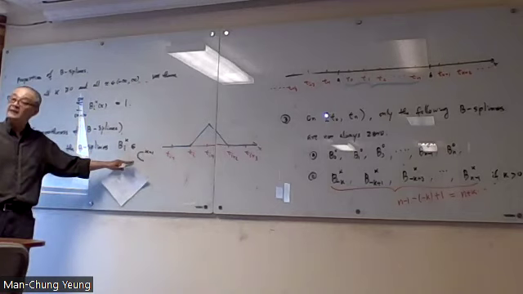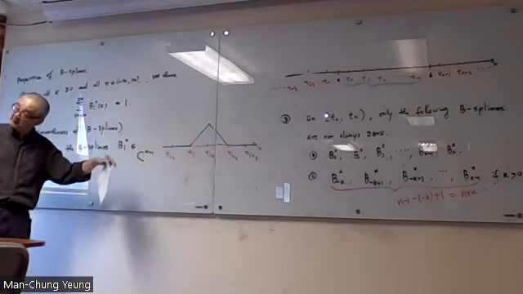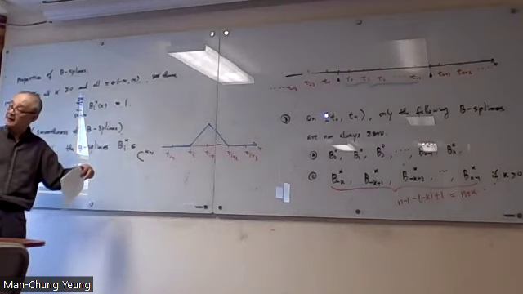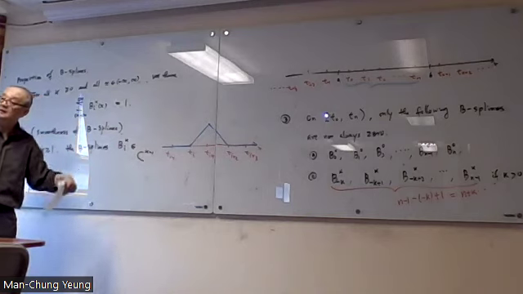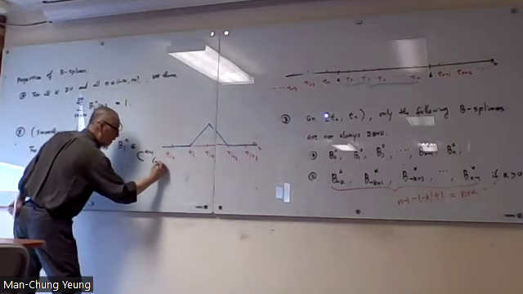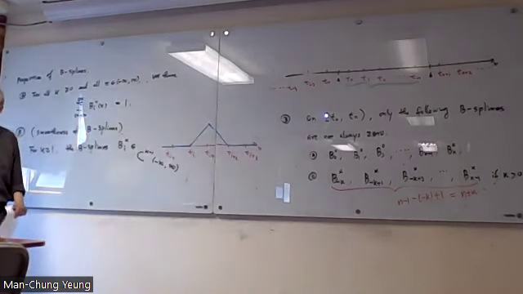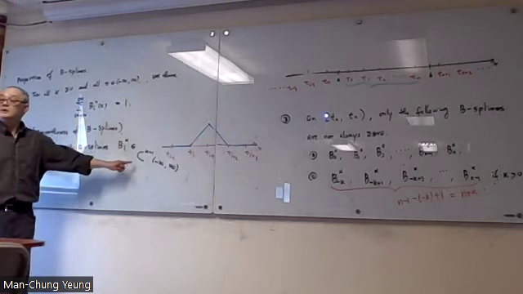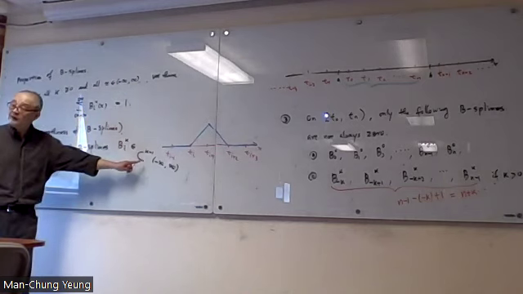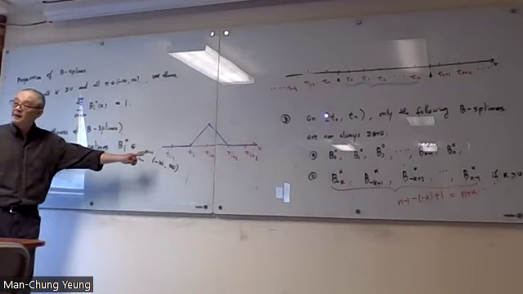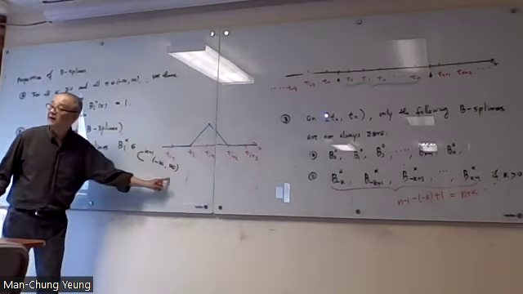C means continuous. So this function is smooth of order k minus 1 everywhere.